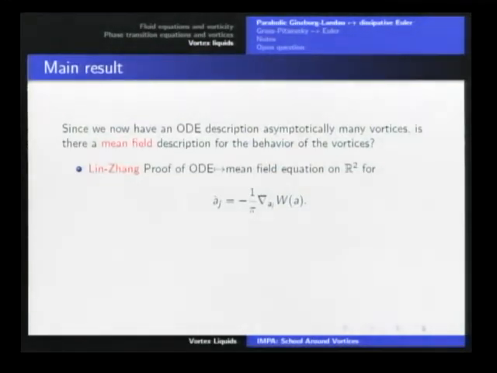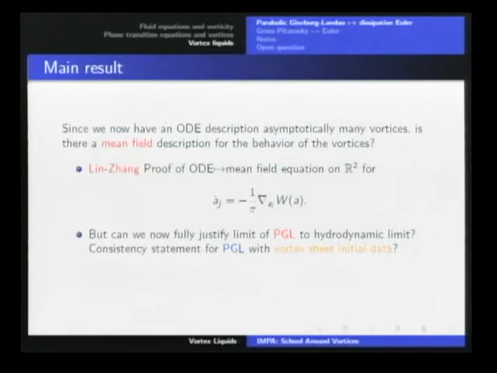There was a result of Lin and Zhang that if you look at this ODE on R2 and let n go to infinity, where this index j goes from 1 to n, then they derived a mean field equation for this. And I'll talk a little bit about that.